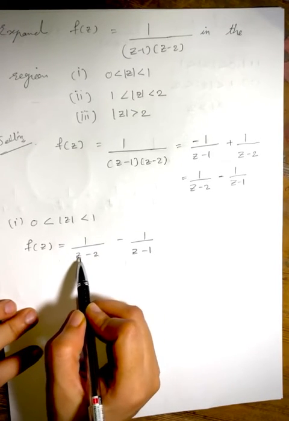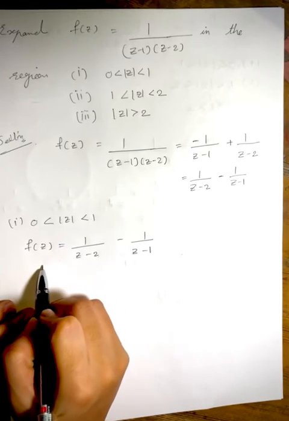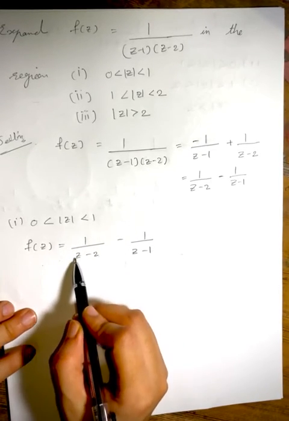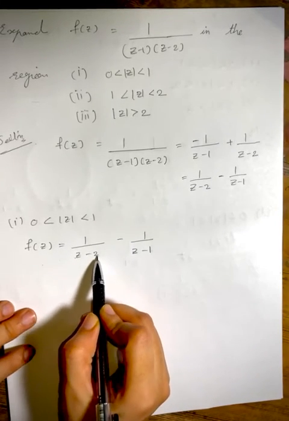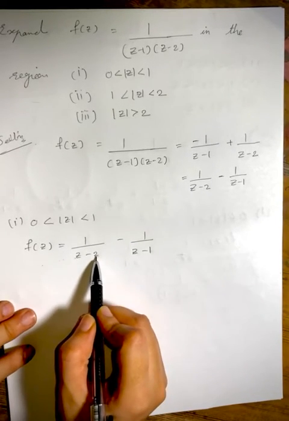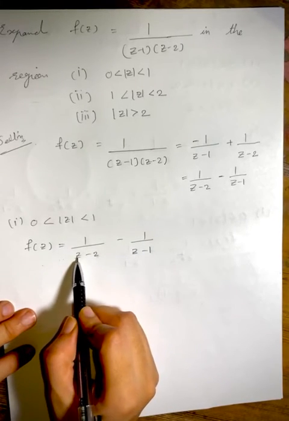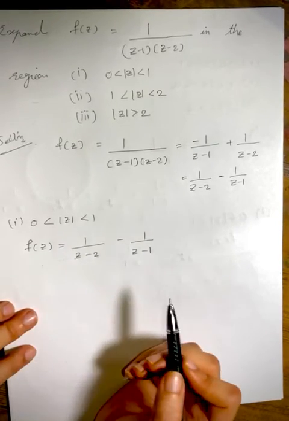So then I would take z outside as a common factor. So when the overall result is negative, you take the number outside as a common factor, and when the overall result is positive, you take z outside as a common factor.